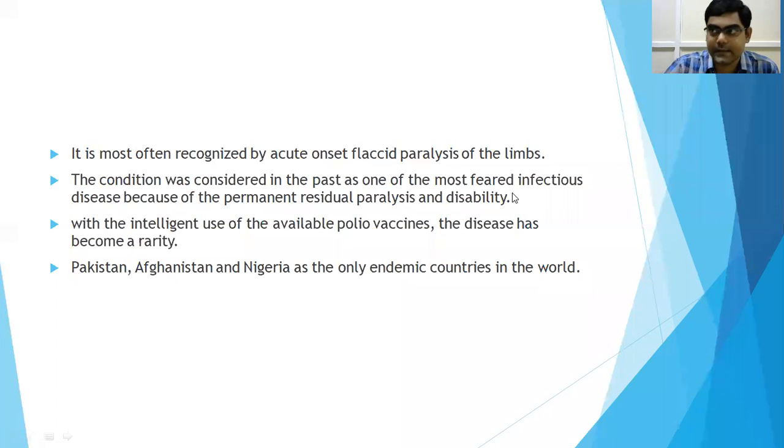Still we are seeing some polio patients, roughly 40 years of age at present. They still need support, using crutches. But the pathetic thing is we can prevent this disease by vaccination. With intelligent use of available polio vaccine, the disease has become a rarity. Pakistan, Afghanistan, and Nigeria are the only endemic countries in the world.